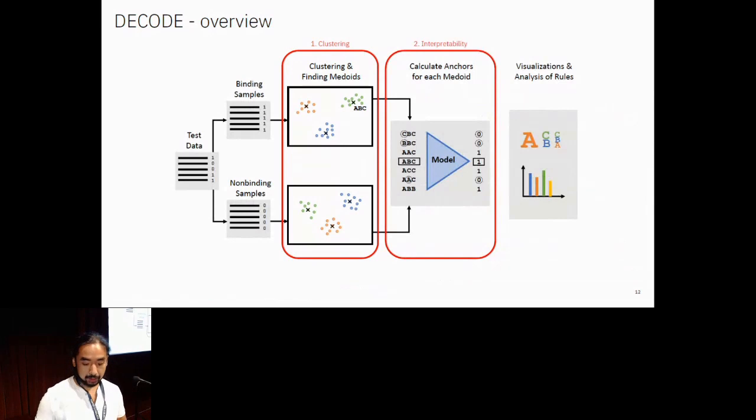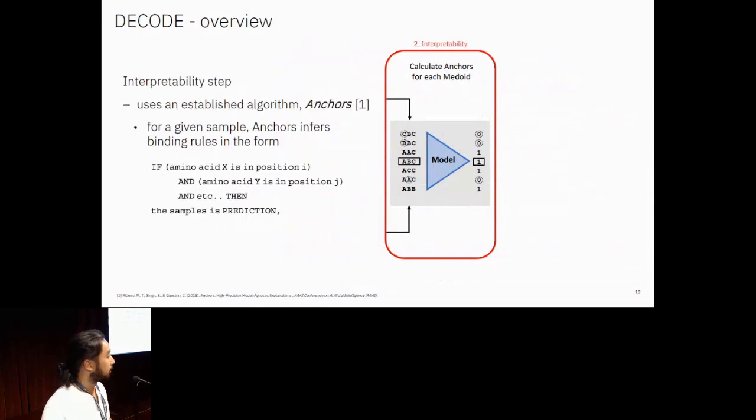Then let's have a look at the interpretability step. Not sure if any of you is acquainted with the field, but what the interpretability step is doing is basically just using a very established algorithm called anchors. And what it's doing is basically taking a sample, so one of our prototypes, and then from these prototypes trying to extract the binding rules.